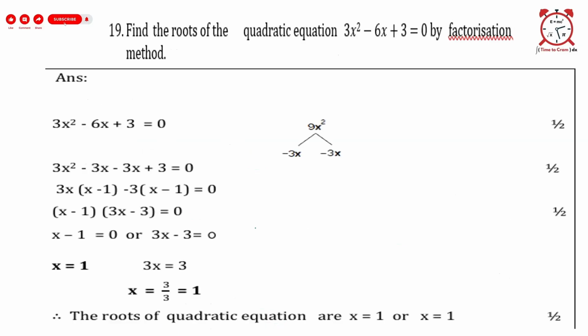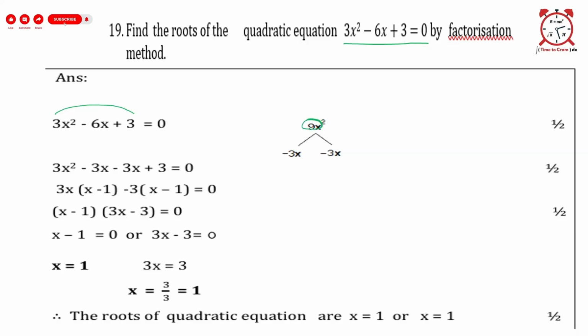Next, question number 19. Find the roots of the quadratic equation 3x square minus 6x plus 3 equal to 0 by factorization method. Here if you multiply 3 with 3, you get 9.